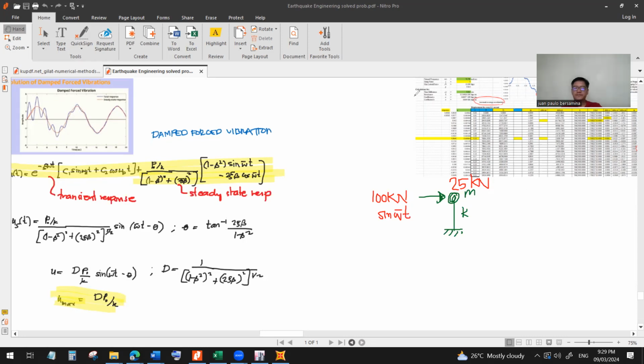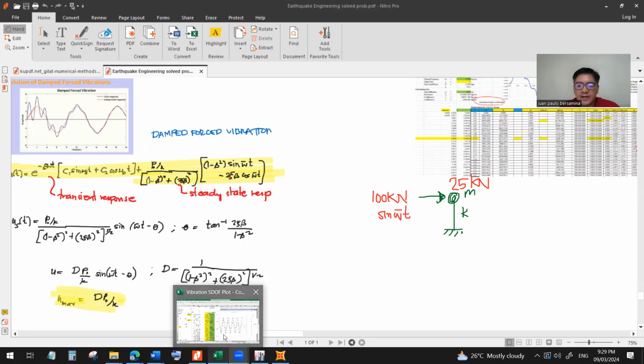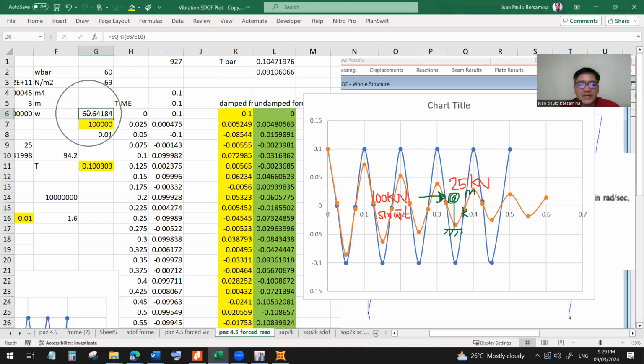Right? Let's find out the response, no? Now, I'll choose an omega bar, for example. Di ba, ang omega natin of system, 62.64. Let's say, I'll choose an omega bar of 60. Then, implementing the equation, ito yun.